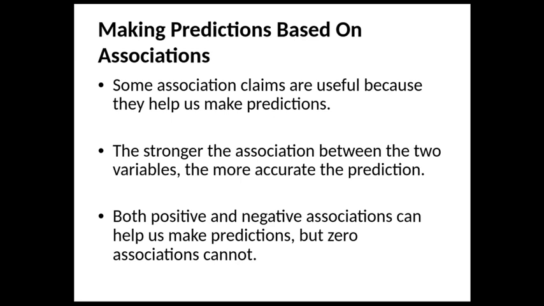So again, the closer you get to +1 or -1, remember that in a correlation, there is no difference between positive or negative numbers other than the direction of the association.